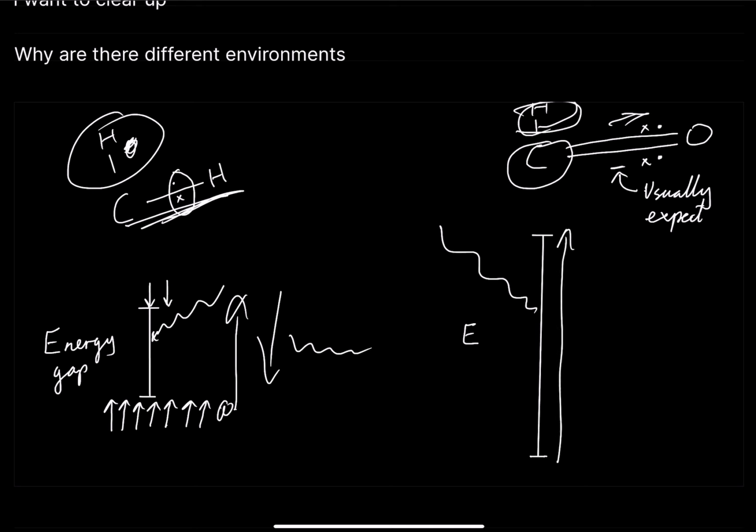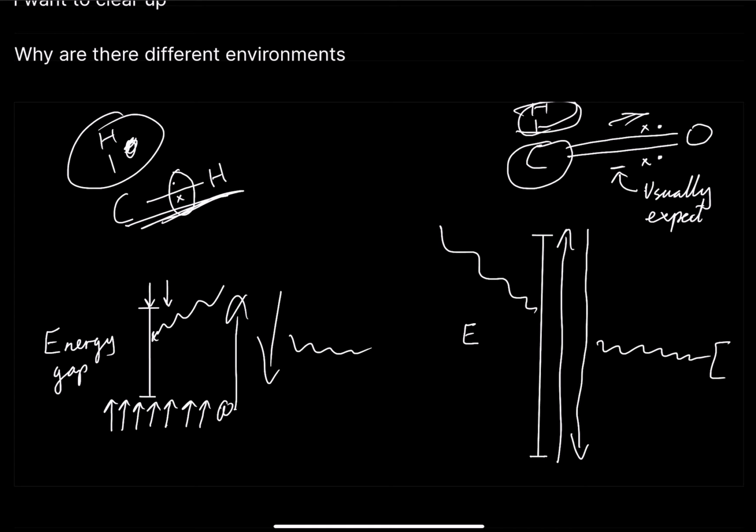But it also means that when they get de-excited, they release more energy, so they would usually release a higher frequency wave towards the detector, and our chemical shift will be much higher.